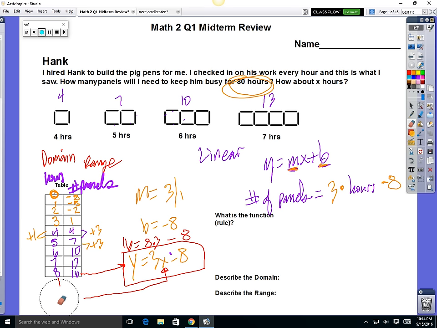So after 8 hours have passed, we do not want to plug in 8.01, and we don't want to plug in 8.75, because it's hard to calculate how many exact panels you're going to need at 8 hours and 10 seconds or something. So for the domain, we want only to use whole numbers.